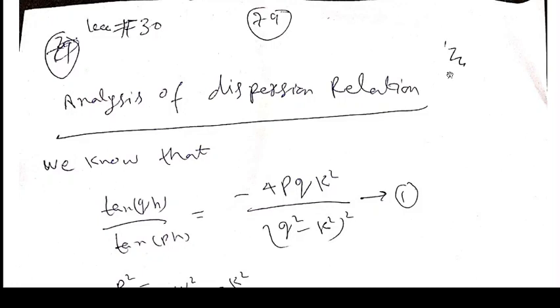In the last lecture we studied the dispersion curves, the Lamb mode spectrum, in which we have seen dispersion curves corresponding to the dispersion relation given here as equation number 1. We have infinitely many Lamb modes for this equation.